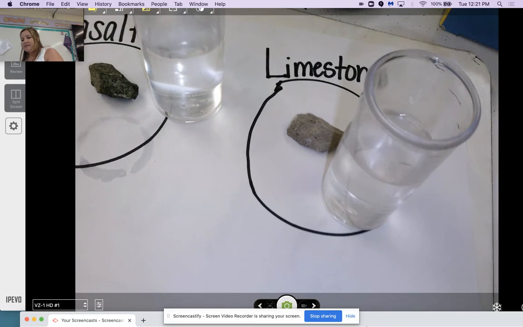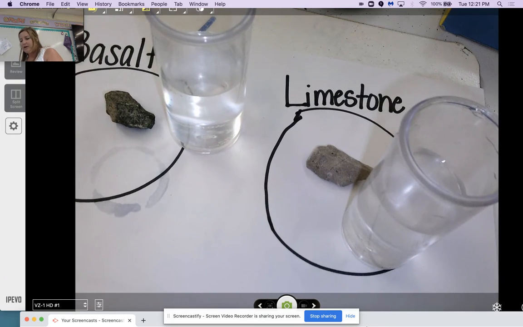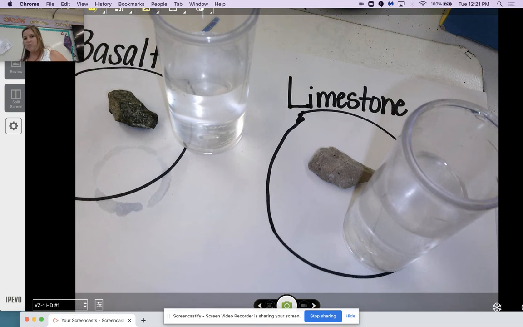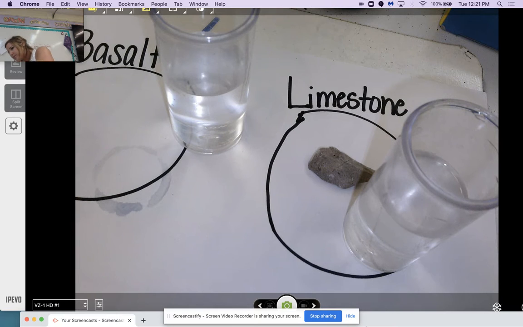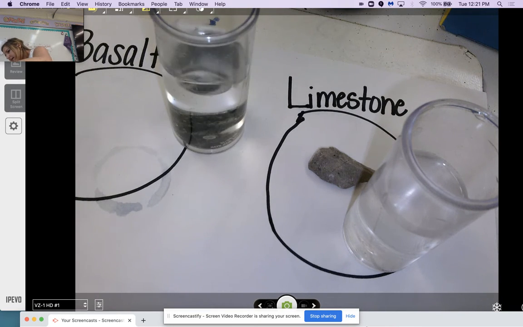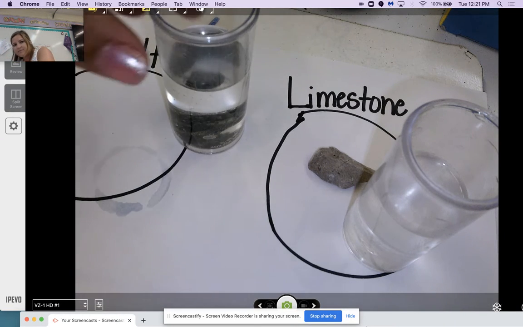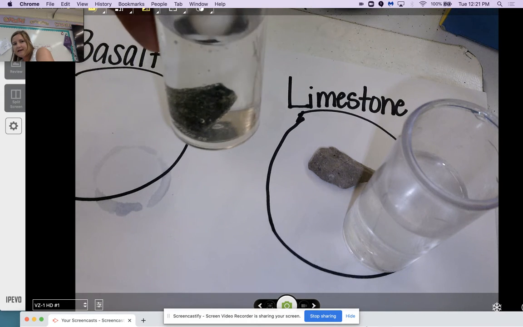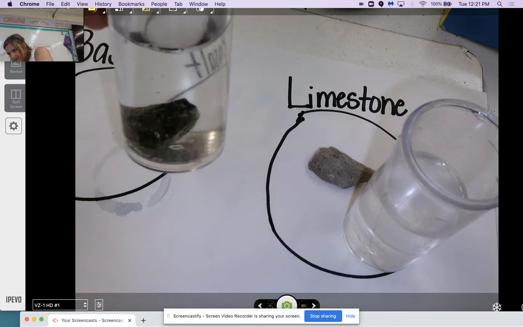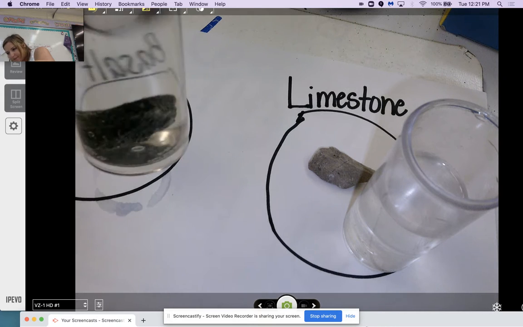If you can see, we are working with basalt first. That is the first one we are going to be working with. And let's see what happens when we put this rock in. So if you see here, not much is happening.